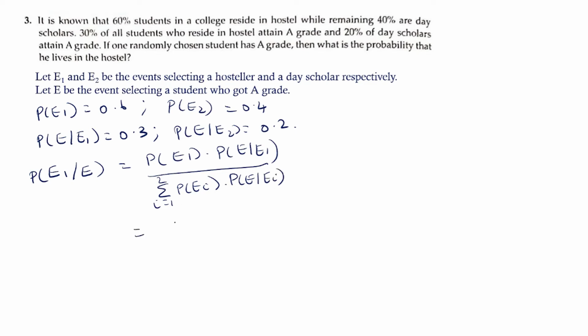So this is very easy. We just have to substitute the values. So it is 0.6 into 0.3 upon 0.6 into 0.3 plus 0.4 into 0.2.